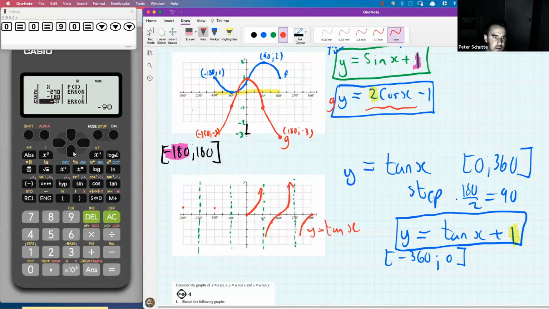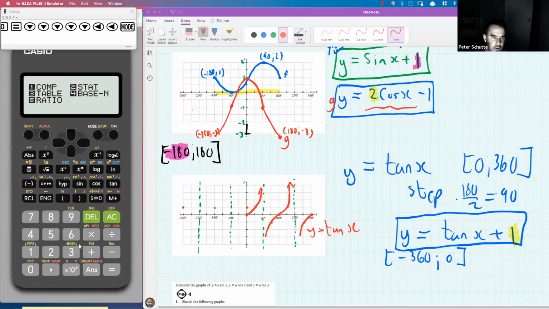And then 0, 1. Yeah, I'm going to go back and add a few more points. I go mode. Let's say plus 1. And I'm going to make the step size 45 because it feels like that would be more helpful.